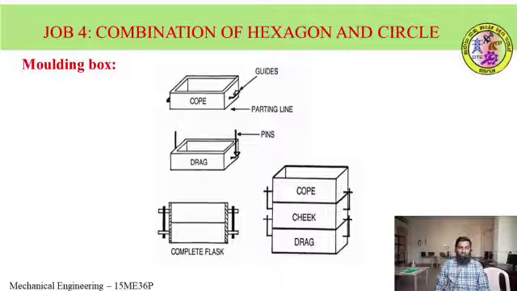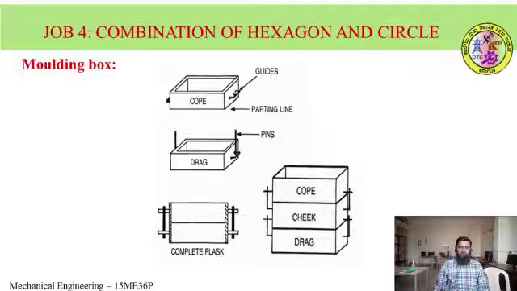Just to know, actually we can mold with the help of 2 boxes or sometimes 3 boxes. When 2 boxes are used, the bottom molding box will be called the drag, and when it is connected by pins, the top box will be called the cope.